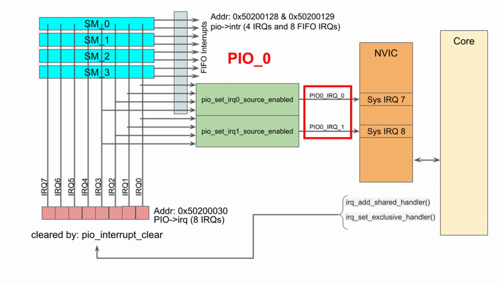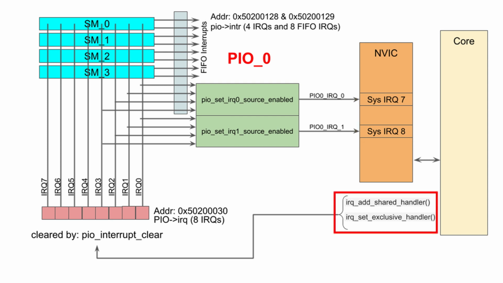For instance, using the appropriate API, state machine IRQ0 and IRQ2 can trigger PIO 0 IRQ0, and state machine IRQ1 and IRQ3 can trigger PIO 0, IRQ1. Those interrupts are NVIC systems interrupts 7 and 8 respectively.